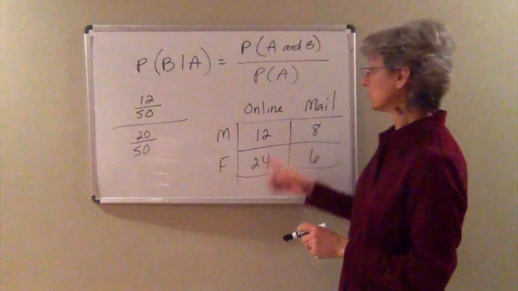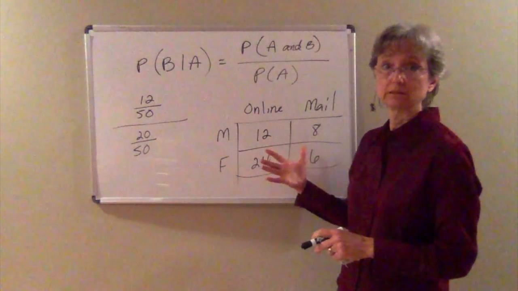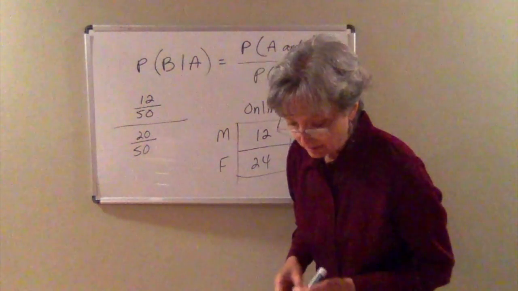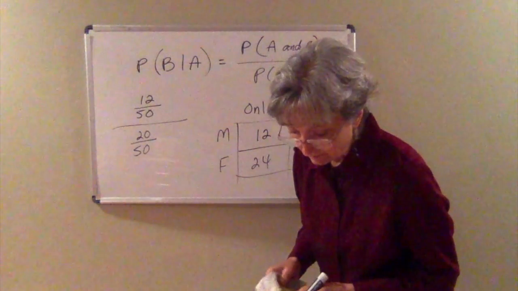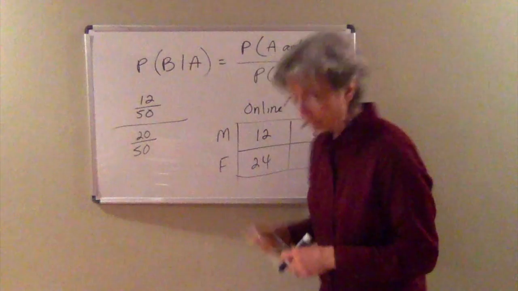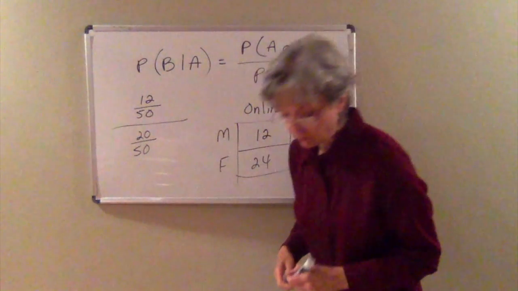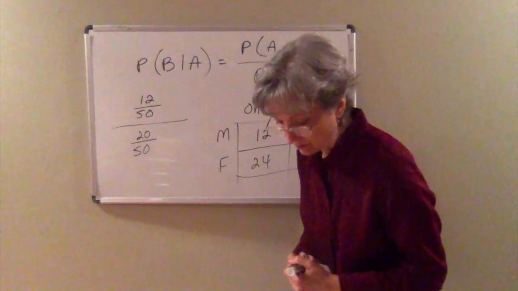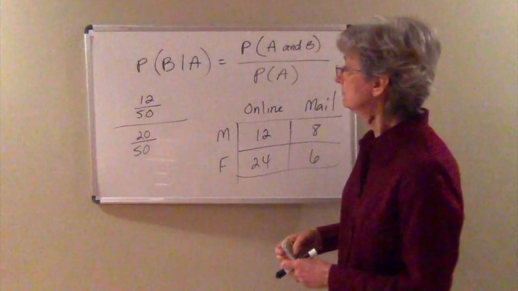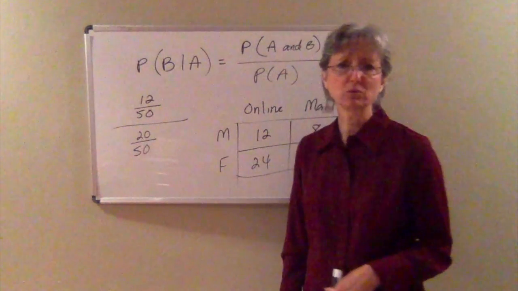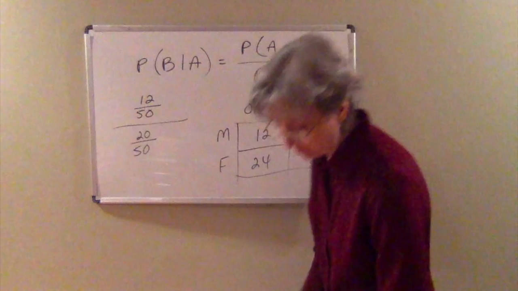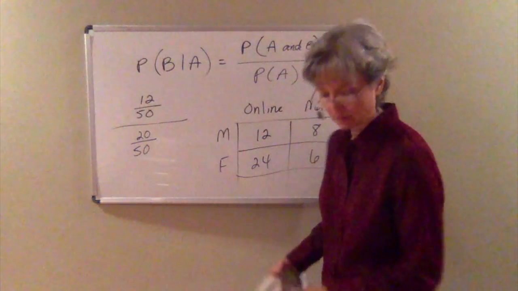It's not just 12 out of 20. Given that the customer is male, what's the probability he pays online? So 12 out of 50 divided by 20 out of 50 gives you about 3 out of 5. Actually, that is the same as 12 out of 20, isn't it? 3 out of 5 is just the same as 12 out of 20. All right? Or 3 out of 5, 60%, 0.6. Okay.